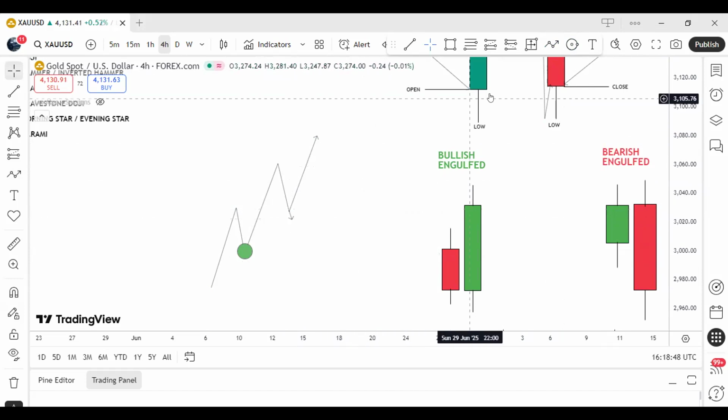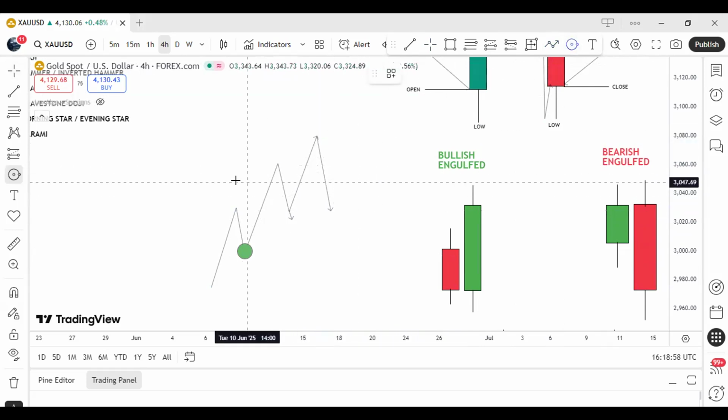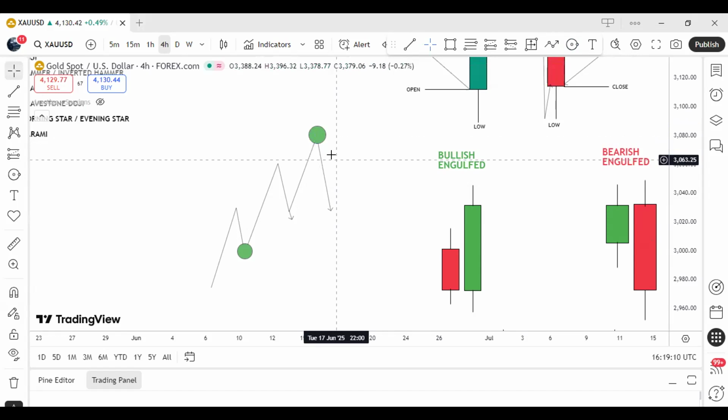Do you understand? And also, spotting them at the top of a strong move can be a signal that price is likely to start reversing. That is, the uptrend is likely to have come to an end, right? So they can also be spotted at the top, and it can be a signal for you to start taking your profits or take partials.